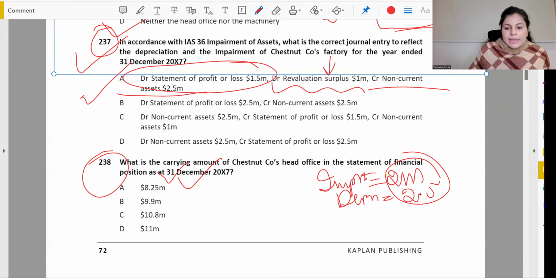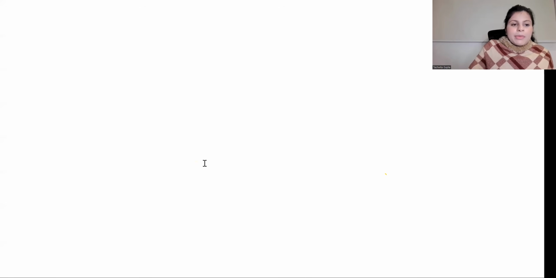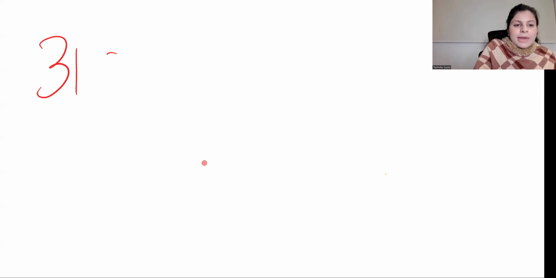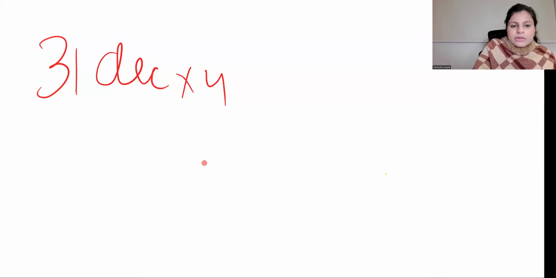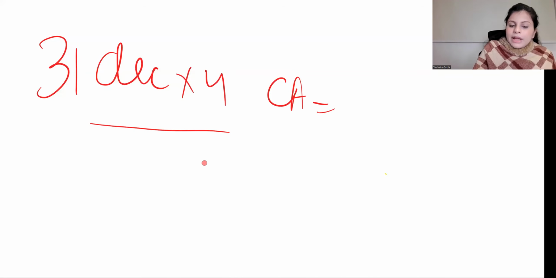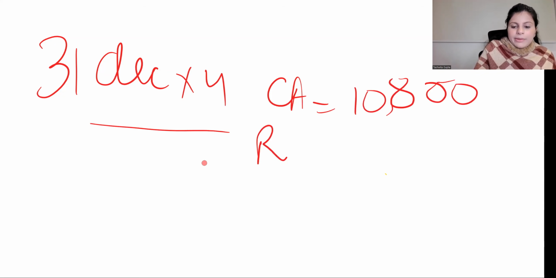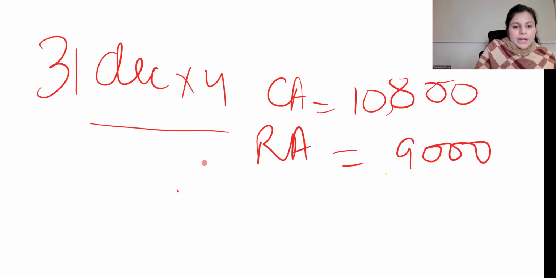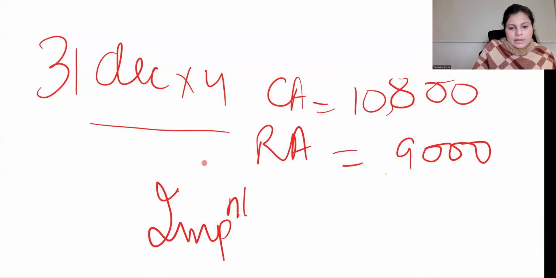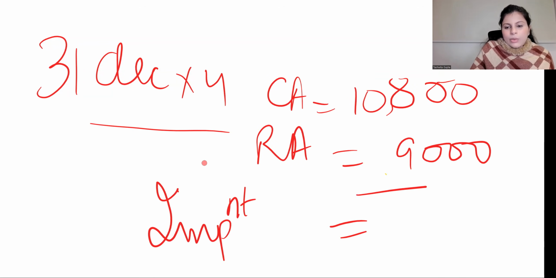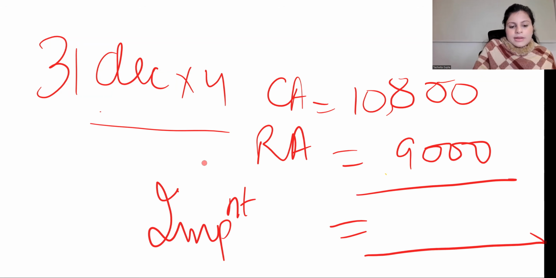So first of all, on 31st December 2004, I will conduct impairment. My carrying amount on this date is 10800. My recoverable amount is 9,000. What's the impairment loss in this year? 1800 is my impairment.